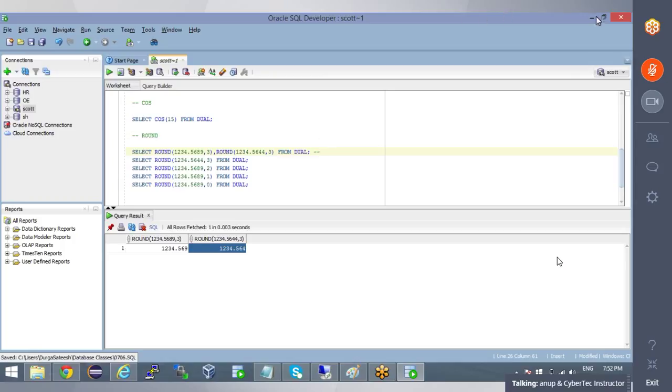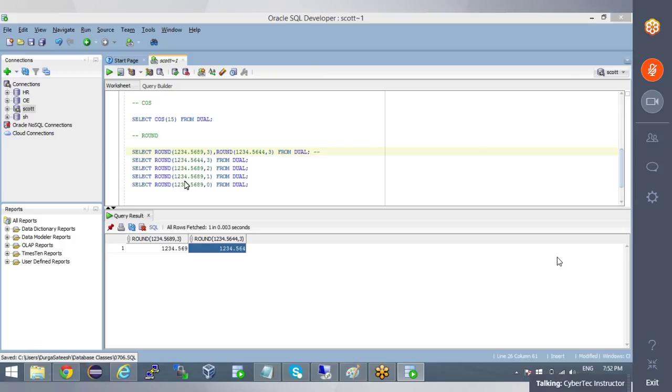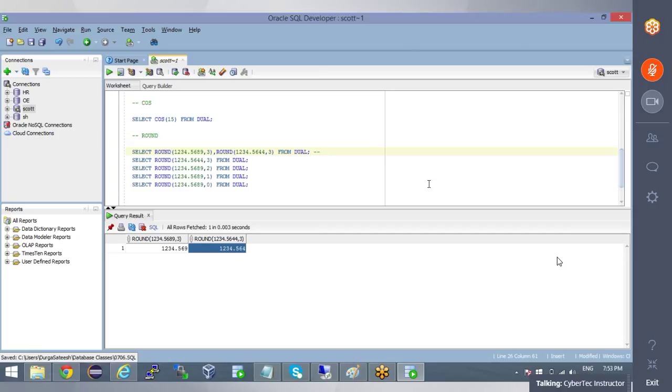The understanding of this particular query is this: whatever the input string, this is your input string. This round function has got two arguments.